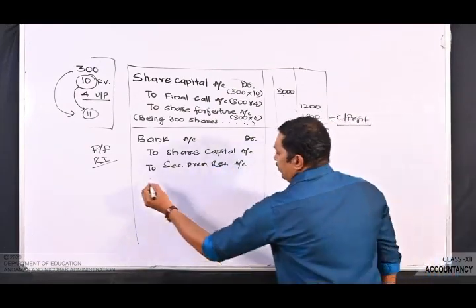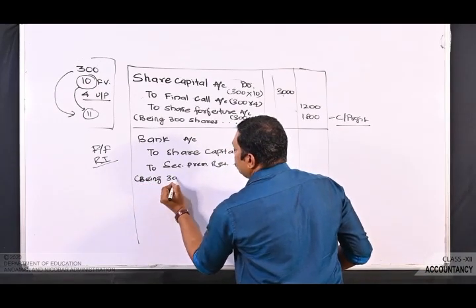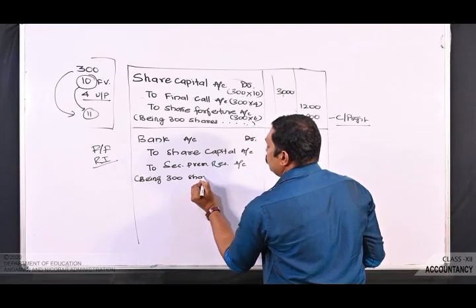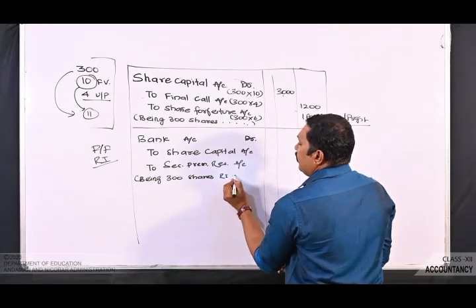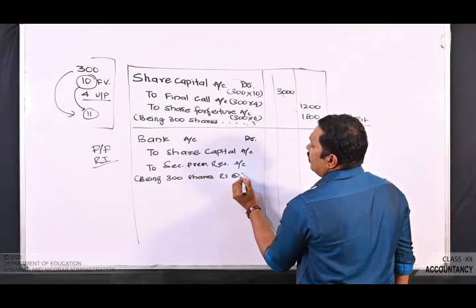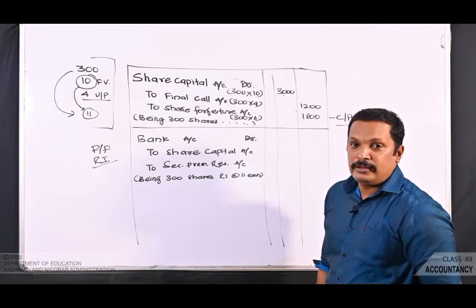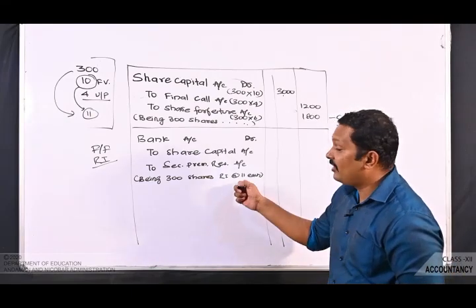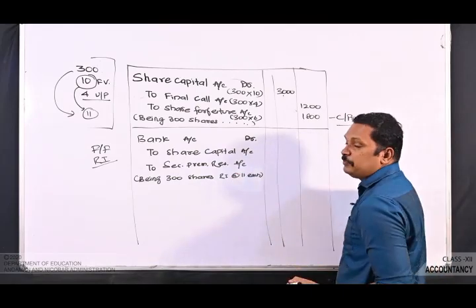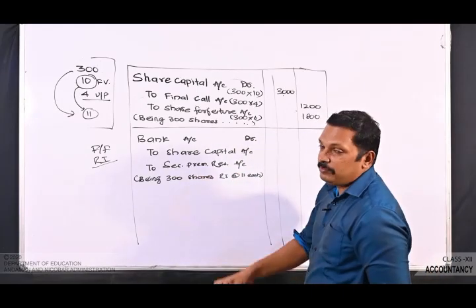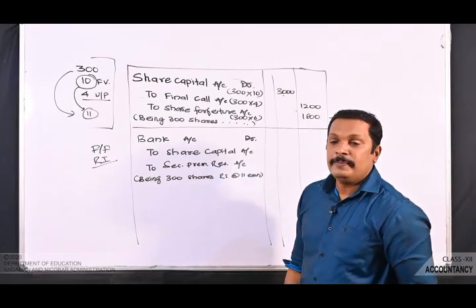Now being 300 shares were reissued at rupees 11 each. The actual value of the share is 10 rupees, but we are reissuing at 11, so we are charging more than the face value, which means 1 rupee premium. Why do we credit premium? Premium is income for the business. That's why we credit the premium.